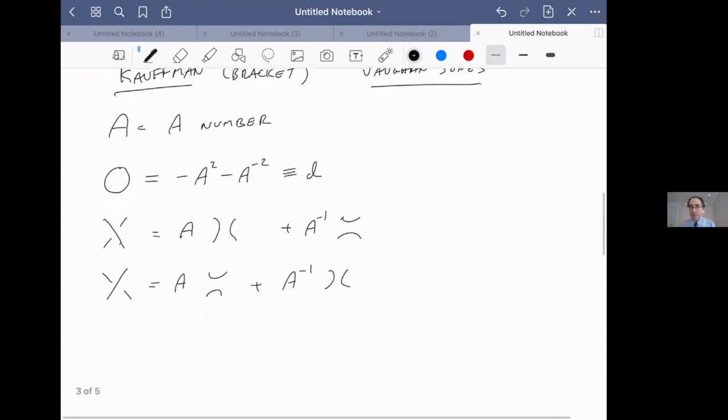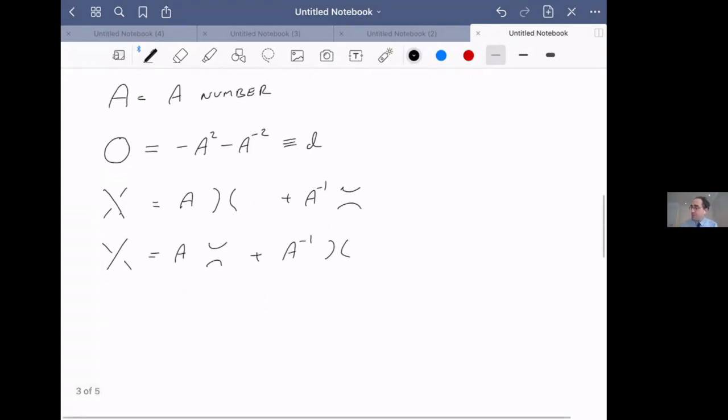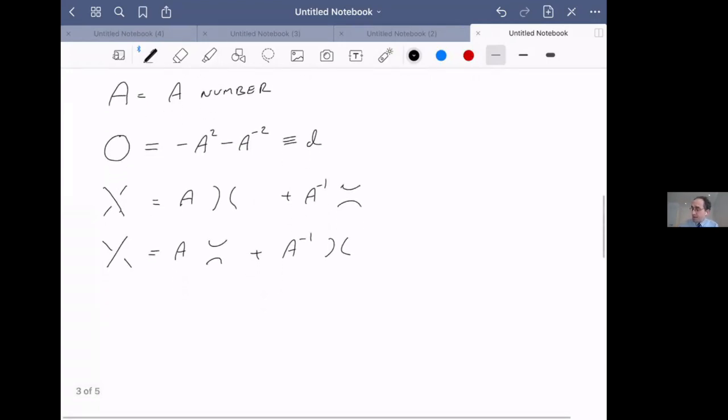So what I'm going to do now is I'm going to use these rules to calculate the Kauffman invariant of a very simple knot. So let's choose this knot again. Okay, there. And what we do is we focus in on this crossing here, in that little blue loop up there. And you see that crossing looks exactly like this crossing up here.